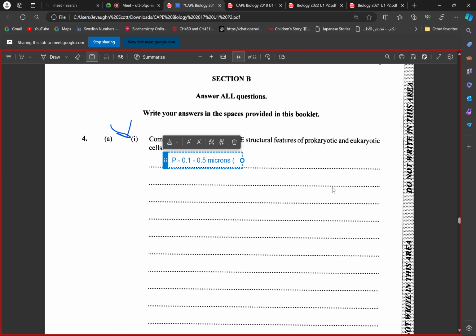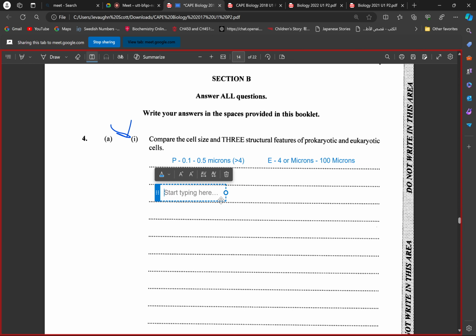Or somebody generally says that some textbooks just allow us to talk about just below 4 microns, while the eukaryotic cell tends to be from around 4 or 5 microns to around 100 microns, right, for the eukaryotic cell. Right, so generally, the eukaryotic cells are much larger than the prokaryotic cells, and the structural features as well.